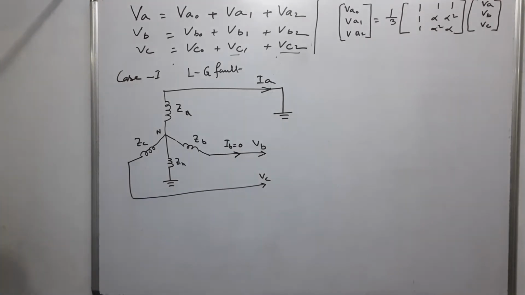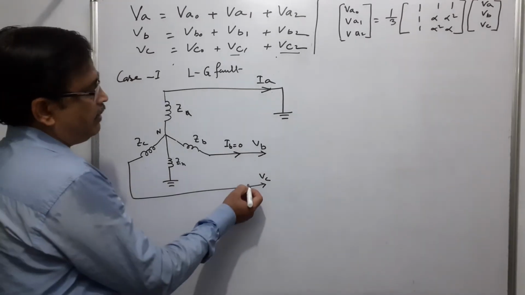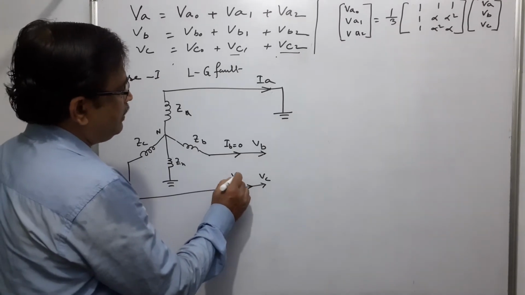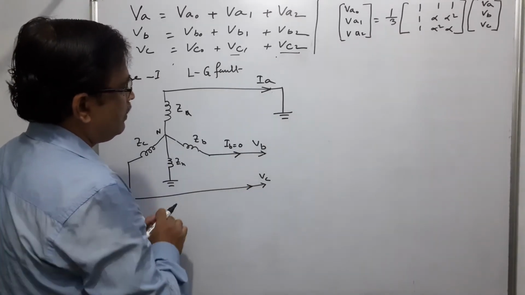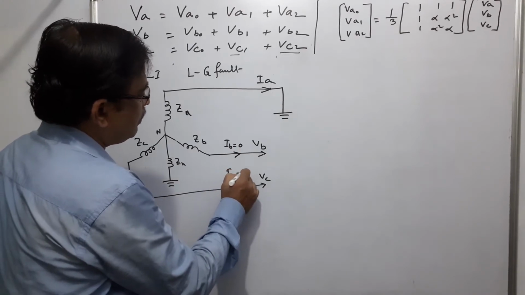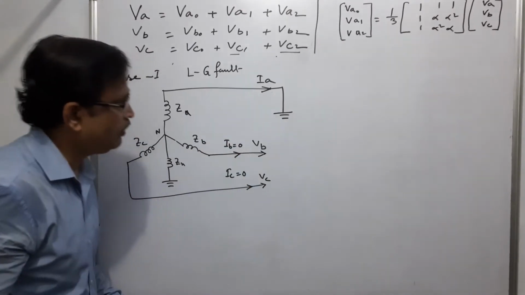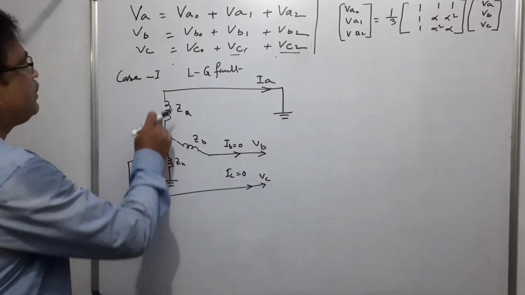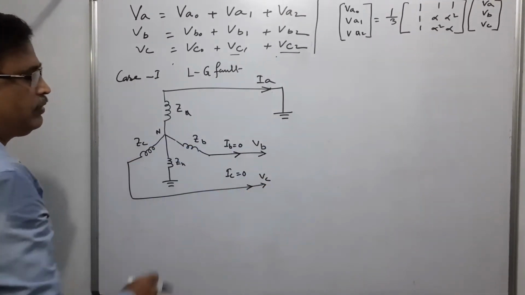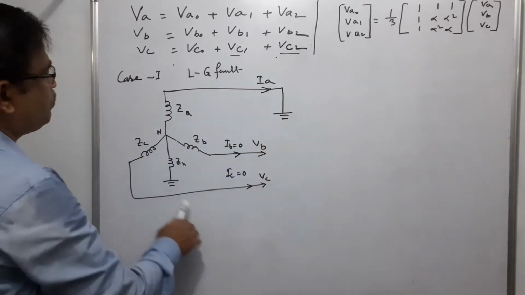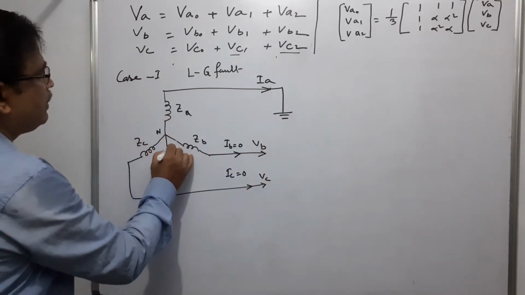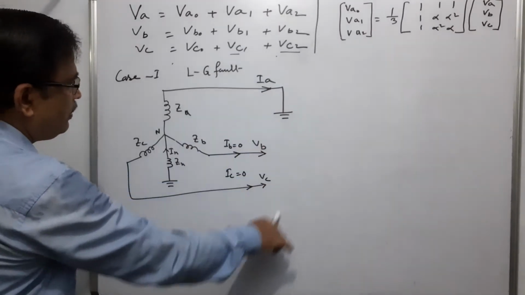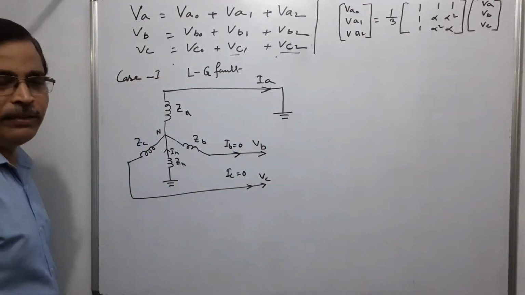We consider the alternator is at no load condition, and IC is also 0. So only IA will flow, continuing its current in this way. IA will pass through this IN, the neutral current. So IA will be the IN.